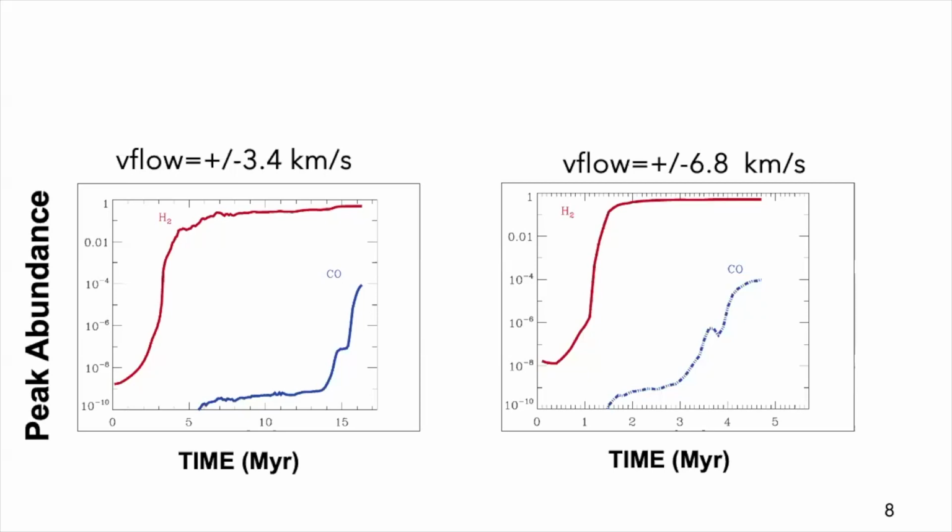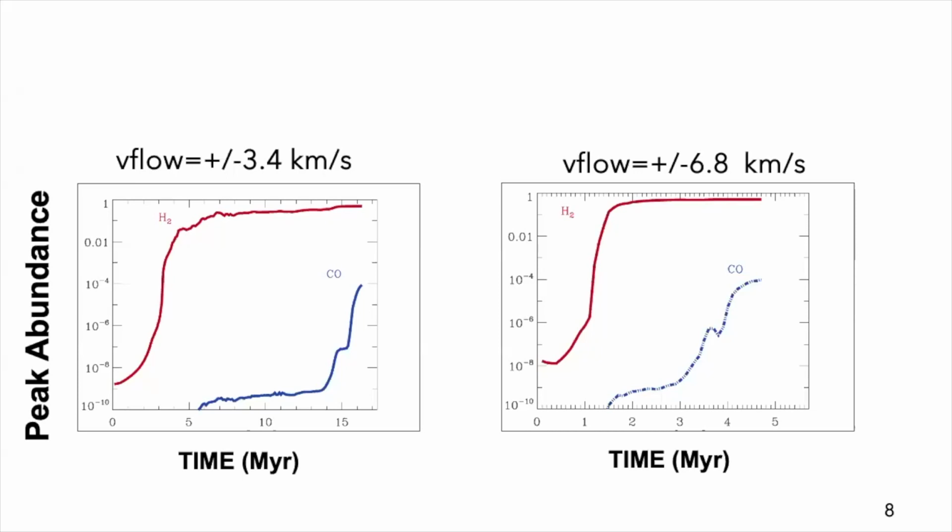CO doesn't begin appearing until about 5 or 6 megayears into the simulation, and it stays very, very low until by 14 megayears there's a fast rise of CO abundance. Our typical observed abundance of carbon monoxide is 10 to the minus 4. You only get that at the very end of the simulation, just before the sink particles appear.